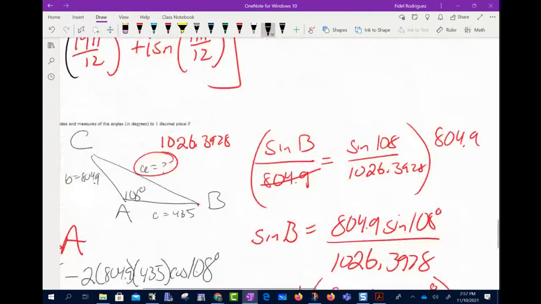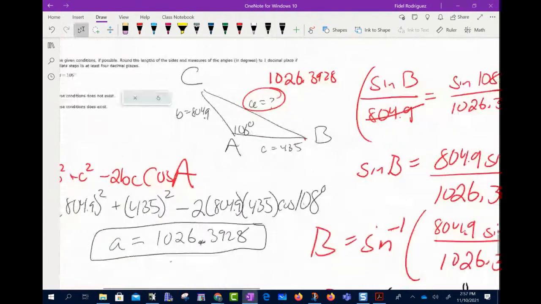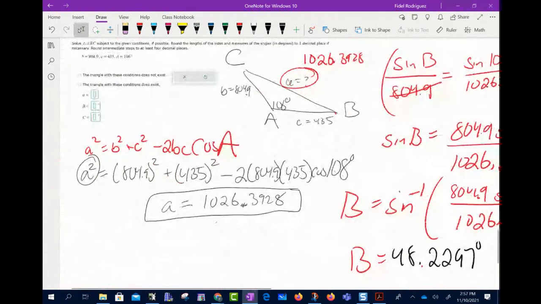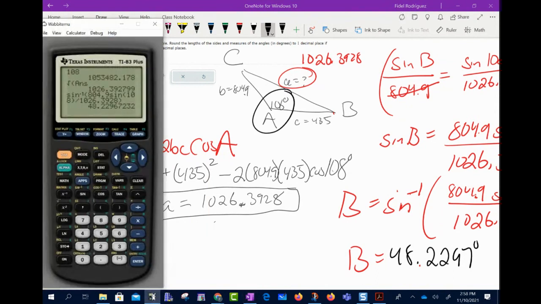Okay, so now let me come back over here. It wants me to round everything to 1 decimal place, so that we can do pretty easy. For side a, if it's 1026.39, this is going to be 1026.4. For 48.22, it's going to be 48.2. Then we can find angle C by taking 48.2, adding 108, and subtracting from 180, right?